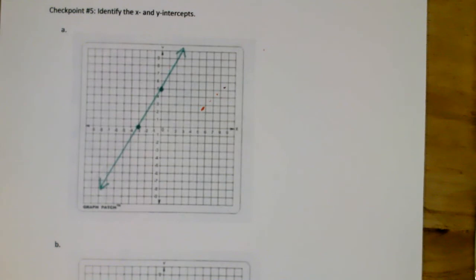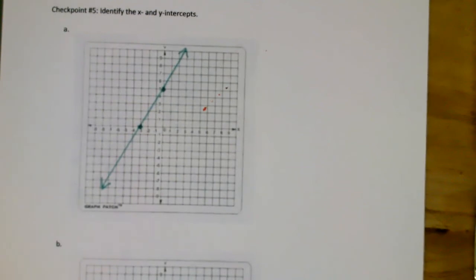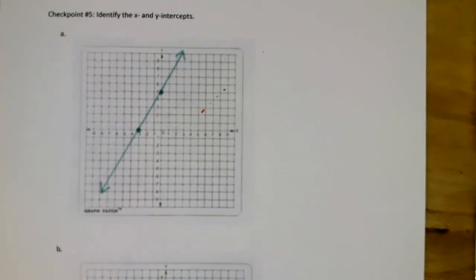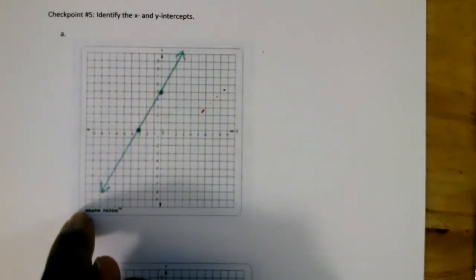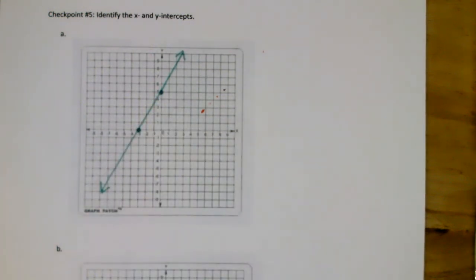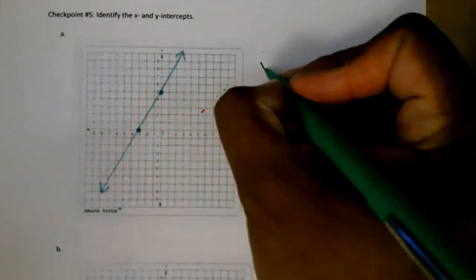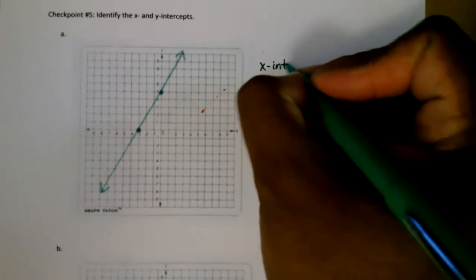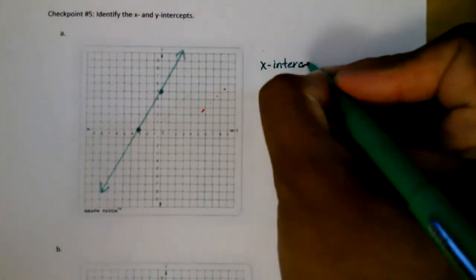So let's say in these few examples that we have here, we want to identify the x and y intercepts. In part A, here we've got a graph of a line and two points are given. We want to know what the x-intercept is and what the y-intercept is. So we'll start with the x-intercept.